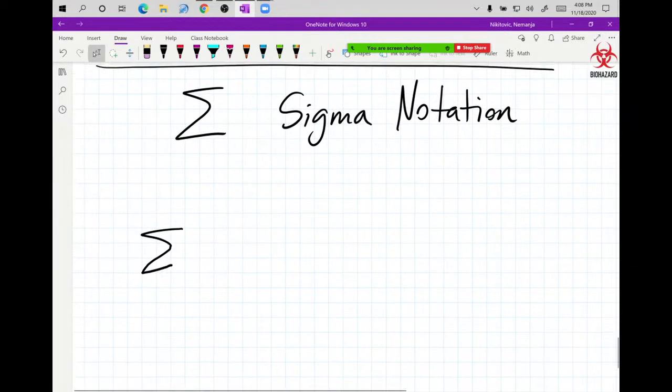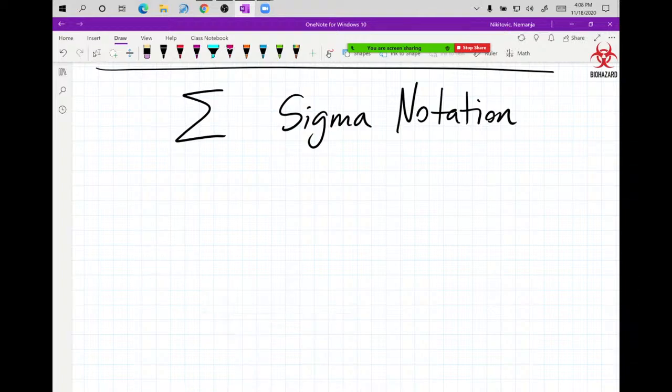When I write this and I say i goes from 1 to 5, that means whatever I place in the box will be written here 5 times.